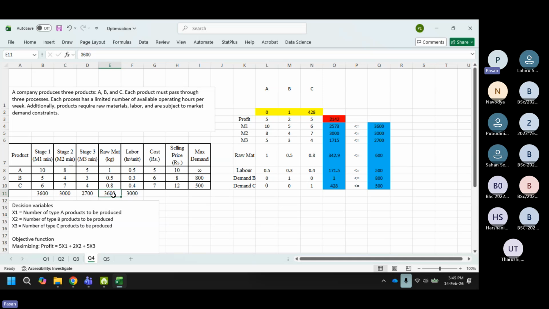And raw materials, that is 600 here. And labor is 500. And the 805, these two numbers are given there, right? So these numbers have to be there.